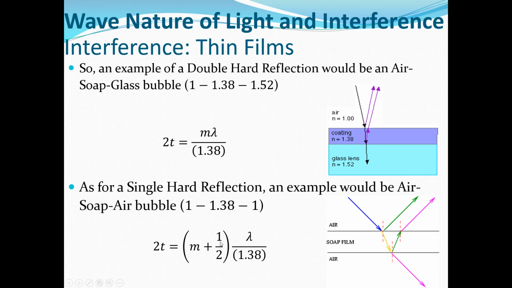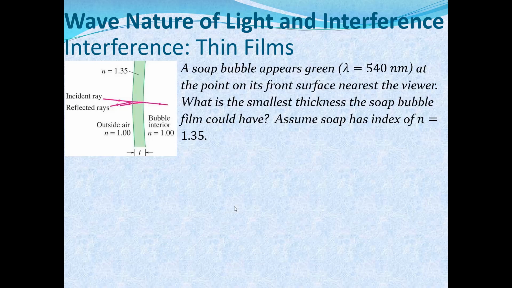As opposed to this, where if we want constructive interference at half integer wavelengths, then we get destructive interference at integer wavelengths. So just keep in mind whether we're looking for constructive or destructive and whether it's a single or a double hard reflection. All right, so you can work on this question, pause the video, and we'll go over it in a second.